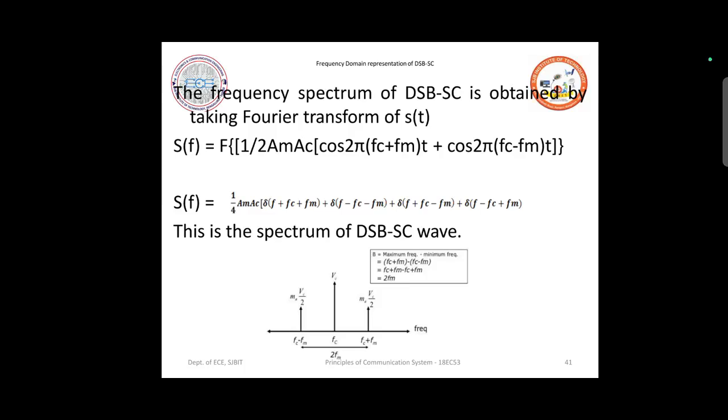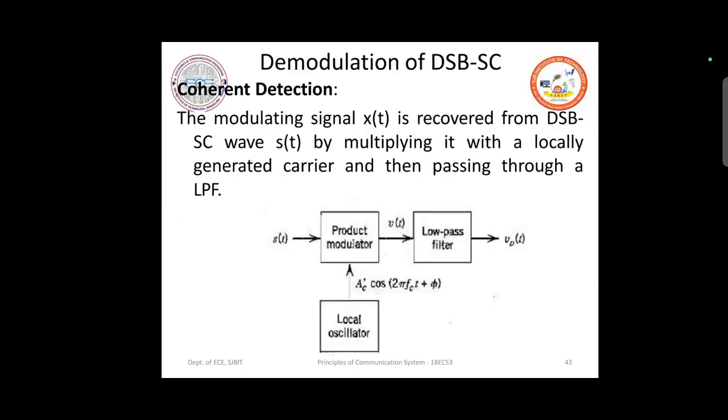So what you get is only two side bands with the carrier suppressed, and the spectrum of that is shown in the figure. What you can observe is that fc is not there at all; the fc plus fm and fc minus fm components are readily visible. Okay, so this is how the modulation circuit is going to work.